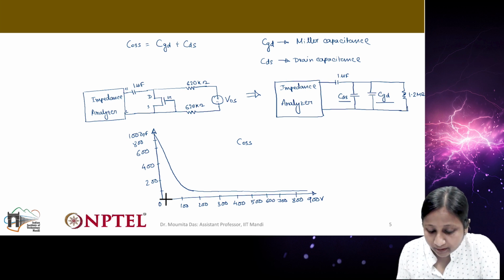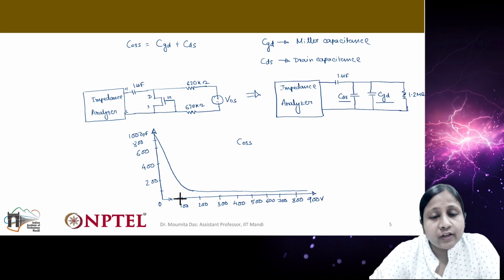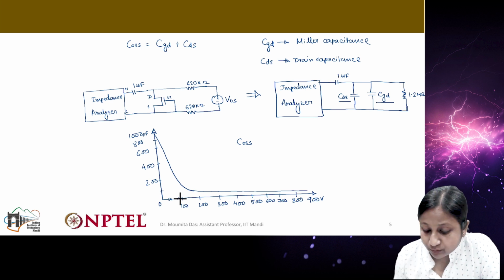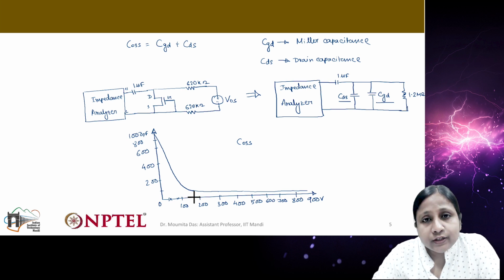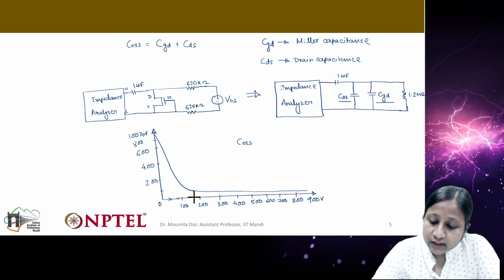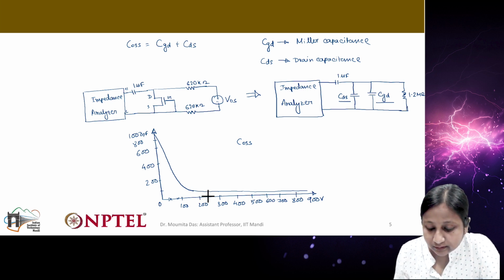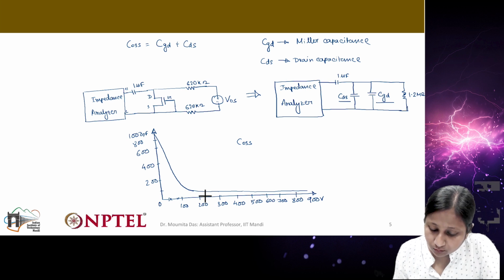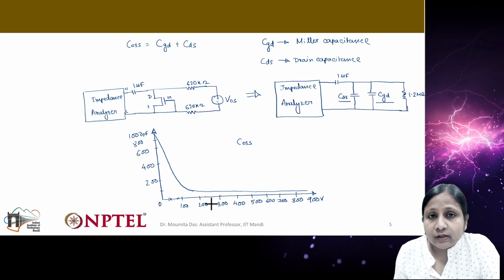If the device is operating somewhere here or here, the output capacitance will be very high, and when the device reaches a certain voltage level, after that it will reach the minimum capacitance value, and this minimum capacitance value will remain throughout the voltage range. So if we are using this particular device, we have to ensure that we are using it at a voltage level which will give us this minimum capacitance.